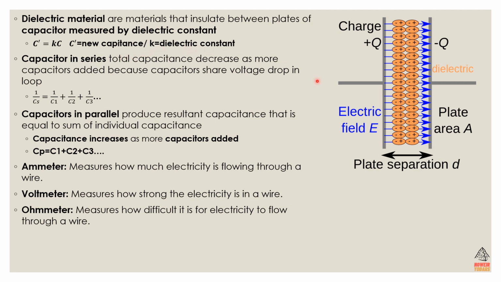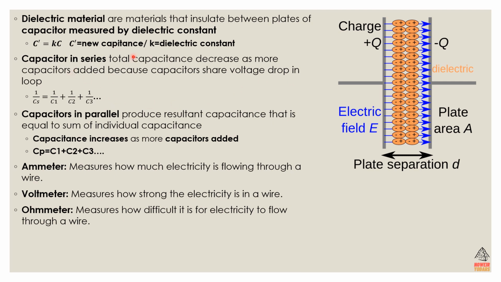What they do is insulate between the plates of the capacitors. And in order to measure the new capacitance, it's the dielectric constant times the capacitance. So let's say you have a new dielectric constant introduced, you're going to measure the new capacitance by multiplying the old capacitance by the new dielectric constant.